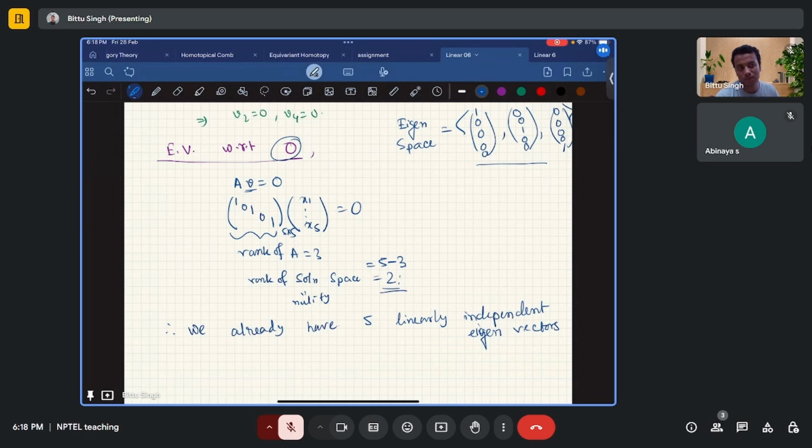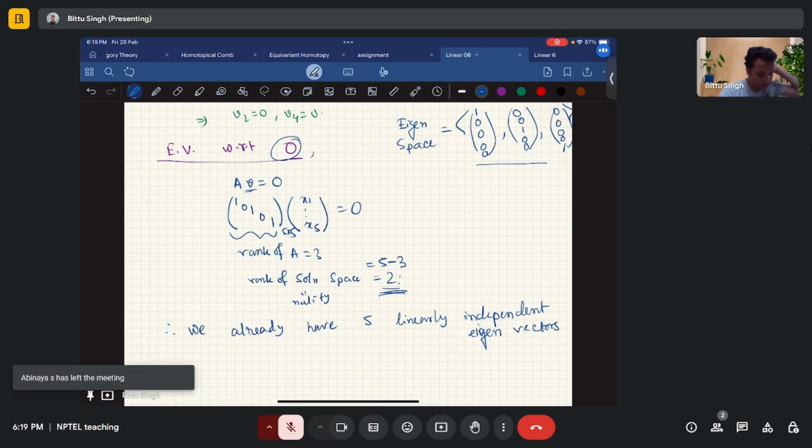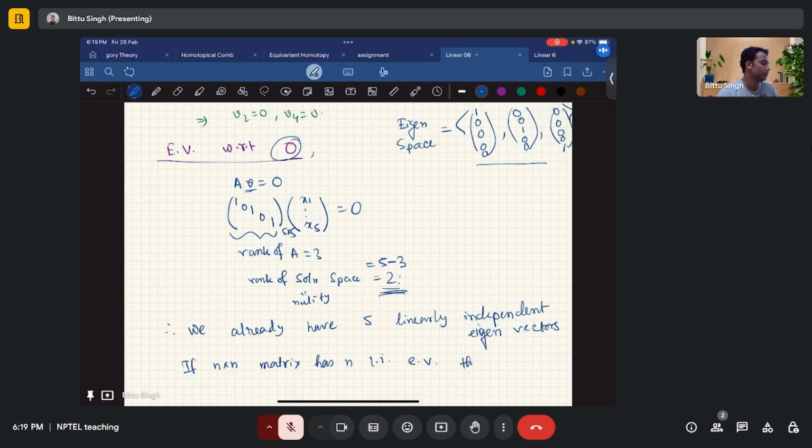Previously it was 3, plus an extra 2, so we have 5 linearly independent eigenvectors for A. Therefore, because we already know the result for an n by n matrix: if an n by n matrix has n linearly independent eigenvectors, then it is diagonalizable.